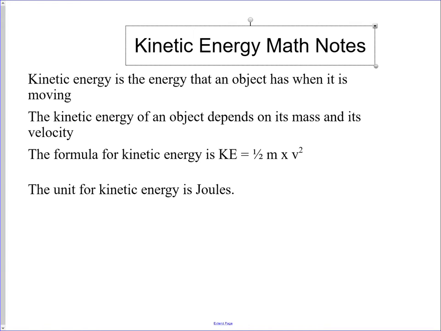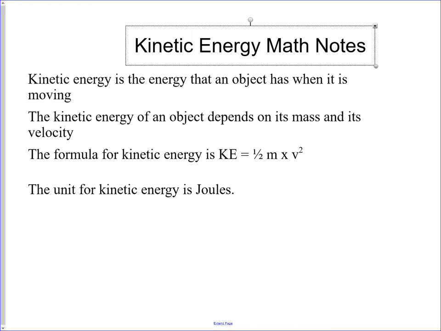So our first thing here is kinetic energy is the energy that an object has when it is moving. The kinetic energy of an object depends on its mass and its velocity. The formula for kinetic energy is KE equals 1/2 times mass times velocity squared, and the unit for kinetic energy is joules.